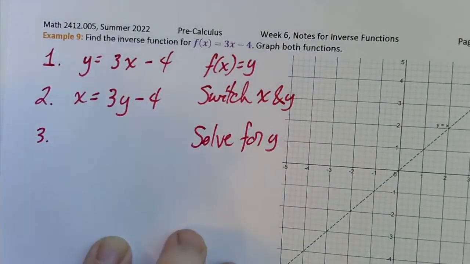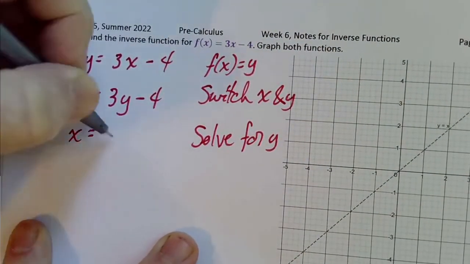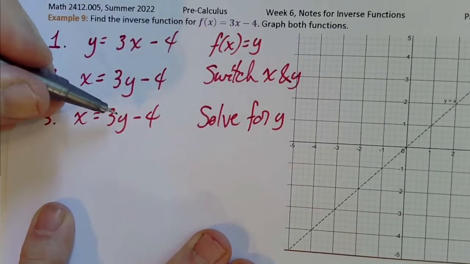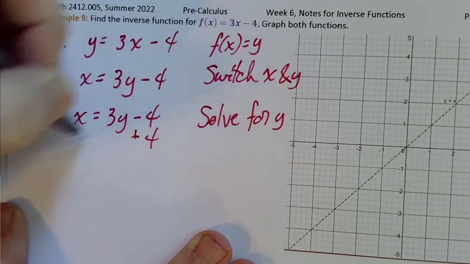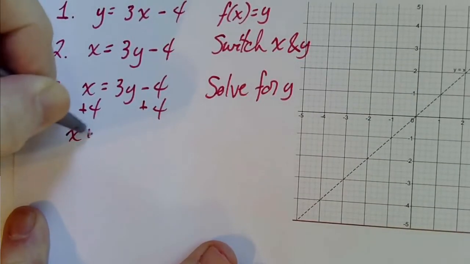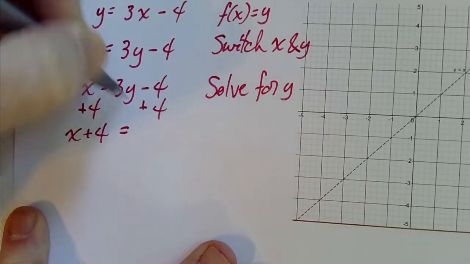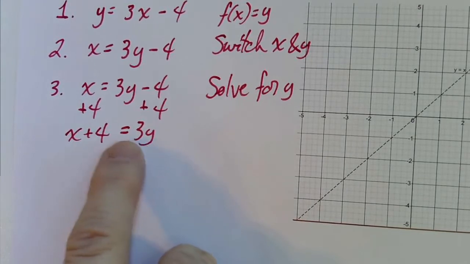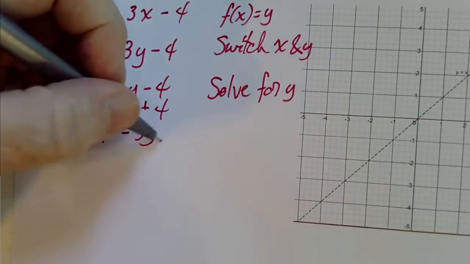So let's see, I've got x equals 3y minus 4. To get y by itself, I need to add 4 to both sides. So I've got x plus 4 equals 3 times y. Finally, to get y alone, I need to divide both sides by 3.